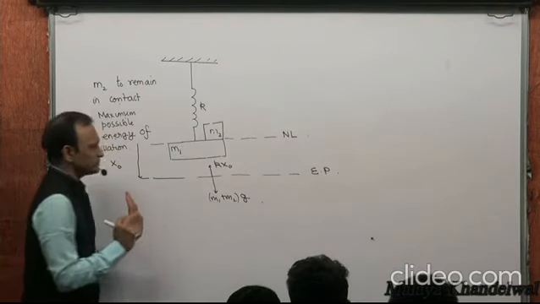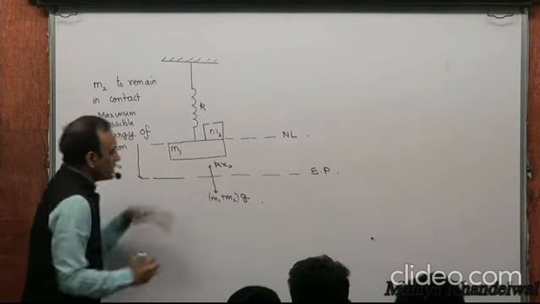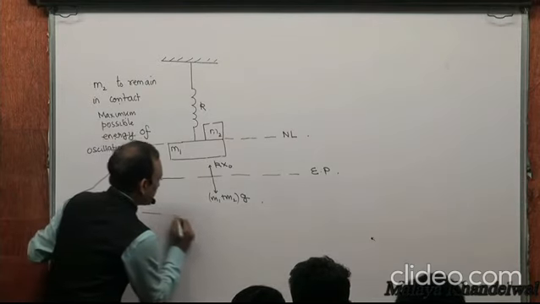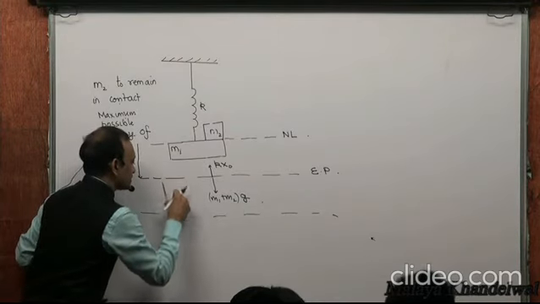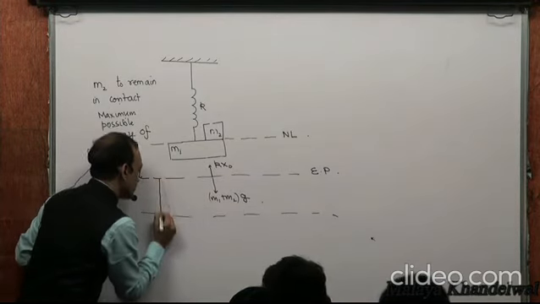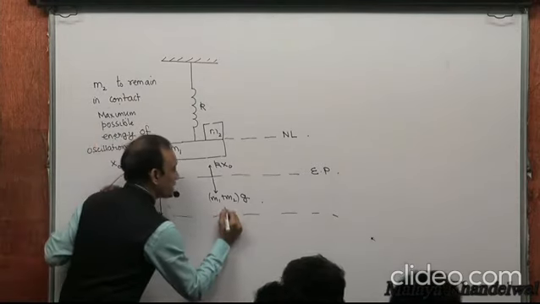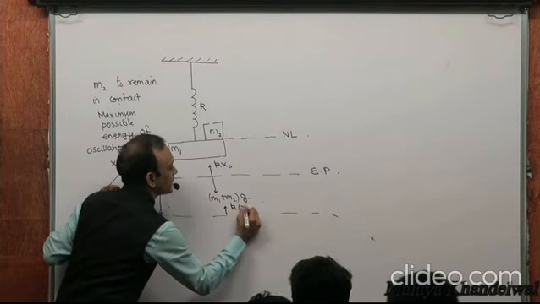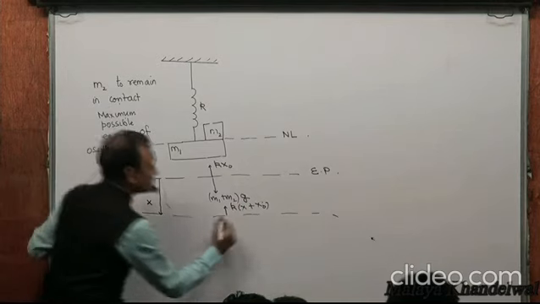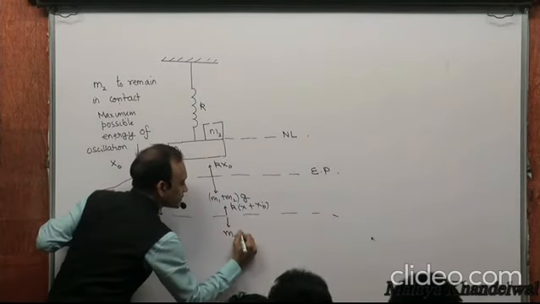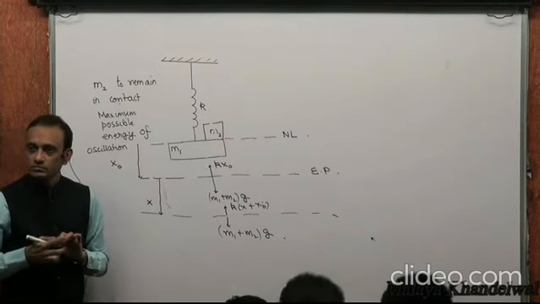So first things first, once it has reached this state, from the equilibrium position, let's say after a while it gets displaced by an amount x downwards, right? Then the spring force upwards is going to be k into (x plus x0), and weight (m1 plus m2) into g acts downwards, right?